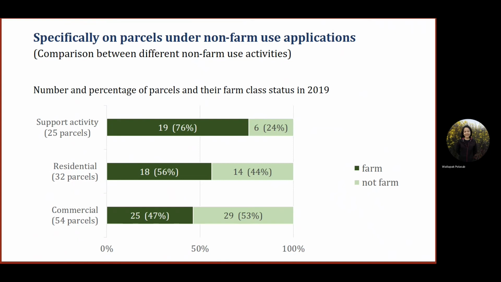Here we see that the percentage of parcels used for farming seems to be higher when those applications go under the support activities. For applications under commercial purposes, those lands seem to have a lower percentage of land having a farm class status.